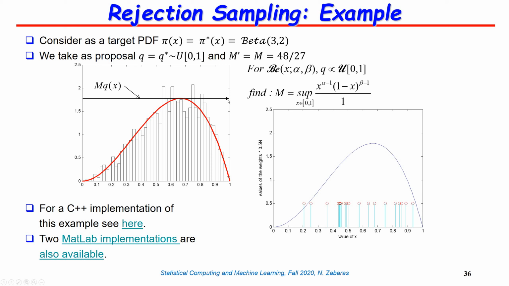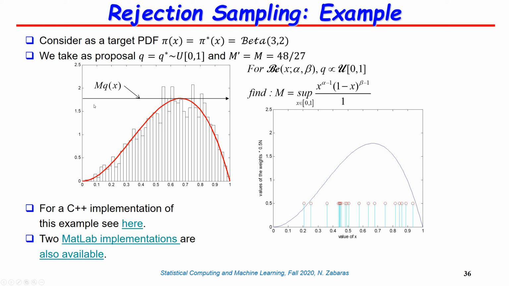And then this inequality, you remember, q has to dominate pi, and the way it dominates pi is because pi is less than 48 over 27 times the uniform distribution, which is 1. And symbolically, this is m times q. And by the way, q and q star here are also the same thing. They are both normalized. And now my algorithm becomes trivial.